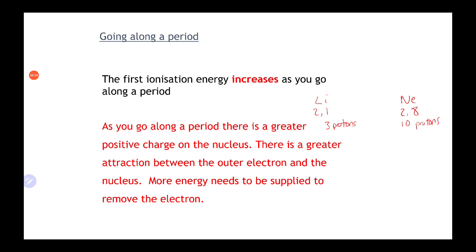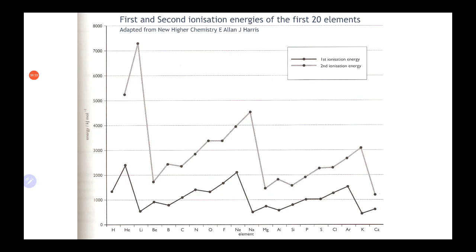So with that in mind, if you had to remove one of these outer electrons, you're going to need a massive amount of energy to be able to do that because of the really strong hold that's in this nucleus. Whereas if we looked at lithium, it would be quite easy just to take this outer electron away. There's only 3 protons in there, so it's not going to be a massive hassle to get rid of that electron. So less energy at the left, more energy required at the right. So, moving on.